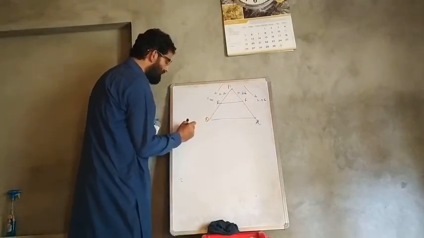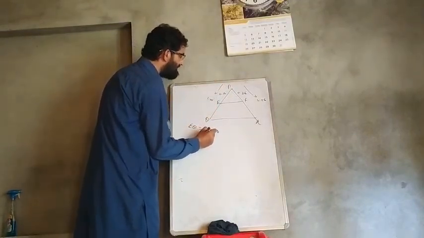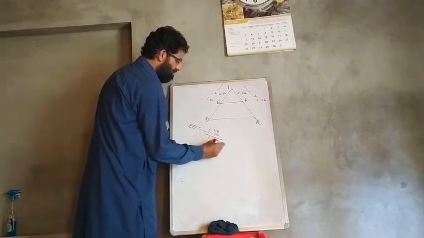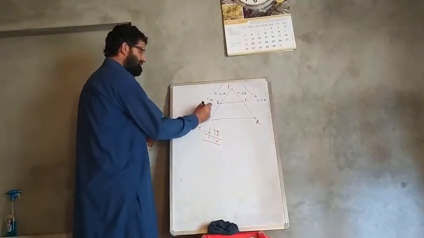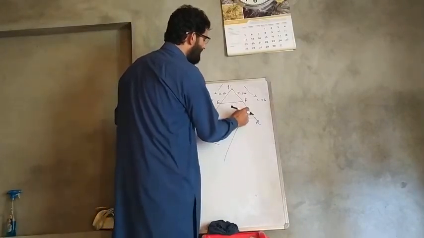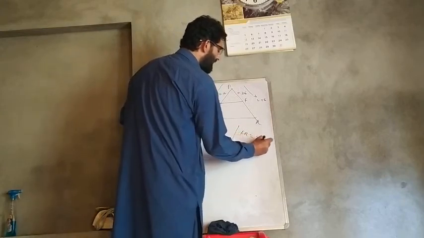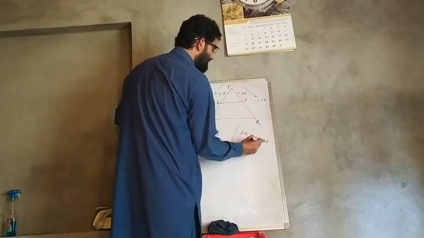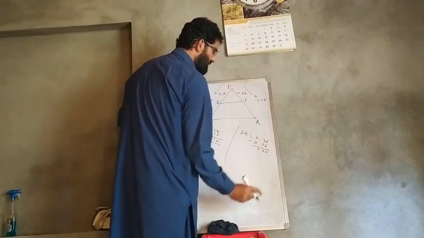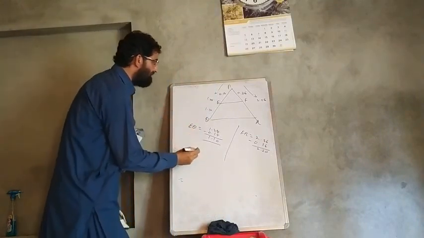Therefore EQ is equal to 1.28 minus 0.18, so this is 1.10. Similarly, we can find FR. FR is equal to 2.56 minus 0.36, which is 2.20.